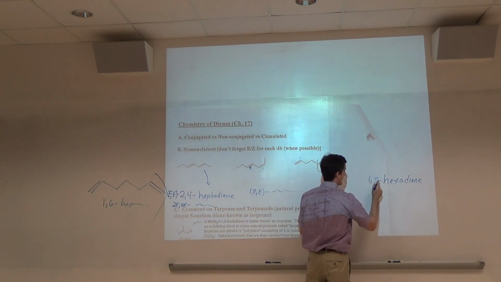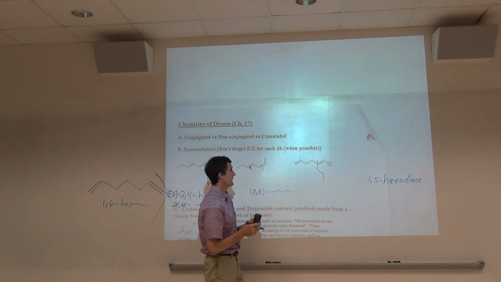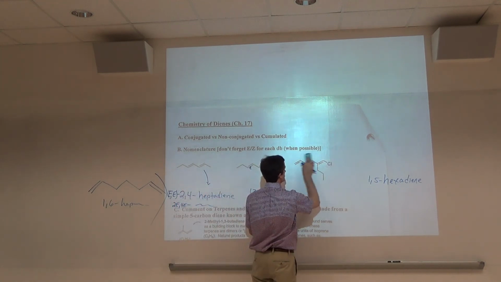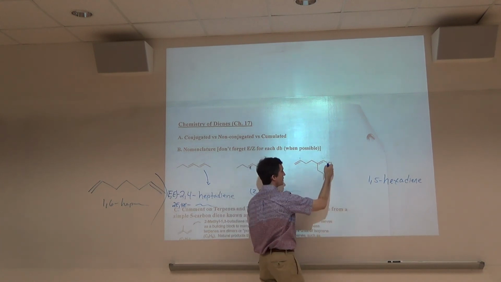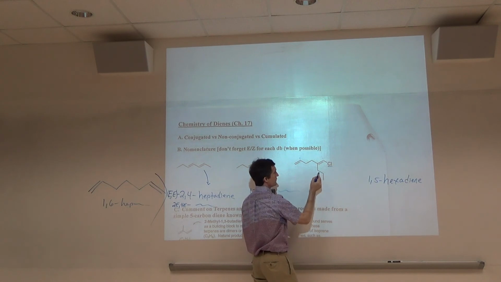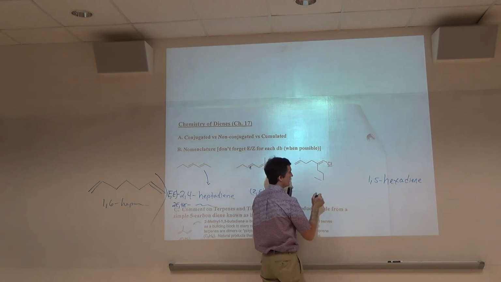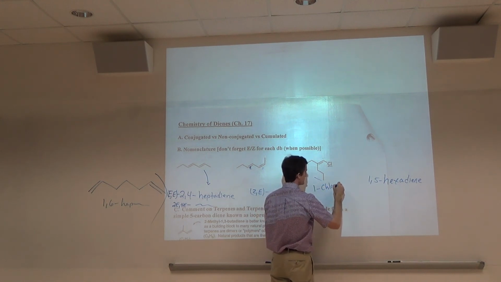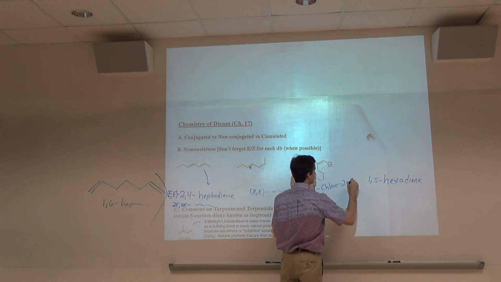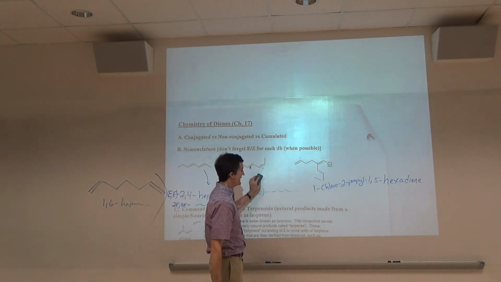Which one do you want to be 1? Chlorine. Chlorine, yes. So it's 1,5-hexadiene. What's on the 1,5-hexadiene? We have a chlorine and a propyl. Chlorine's at the 1, propyl's at the 2. So we got 1-chloro, 2-propyl, 1,5-hexadiene.